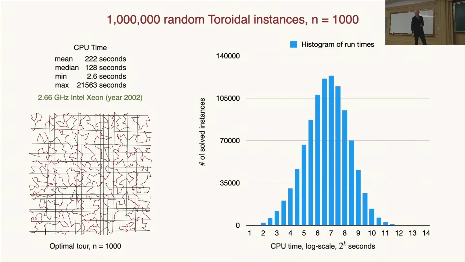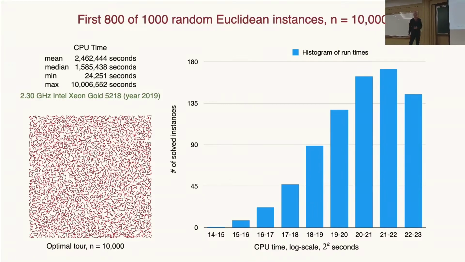So I checked a million examples on random instances on a torus, and again, it has this bell curve of log times. To see why this is a problem, over the past few months I tried to solve 1,000 instances with 10,000 points. Well, 800 of them solved in 10 million seconds each, each core running 10 million seconds.